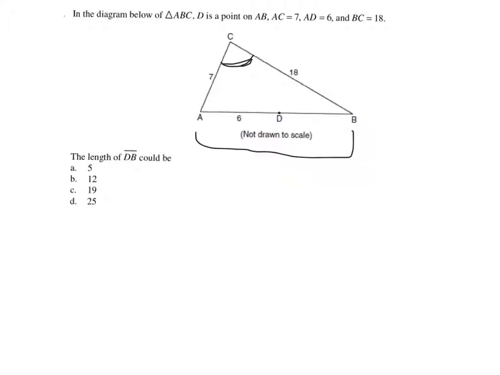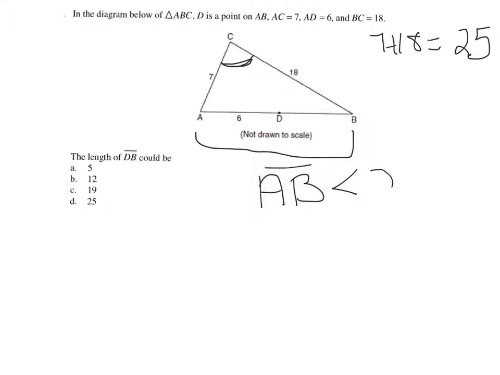So I know that if I add the two smaller sides, 7 plus 18 equals 25, that line AB would have to be less than 25.